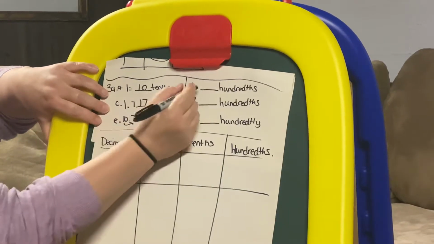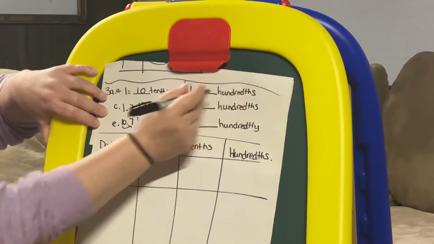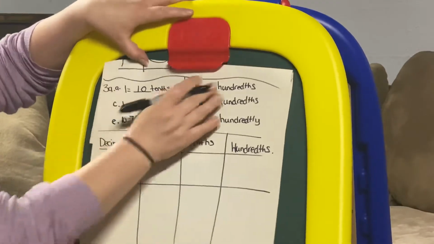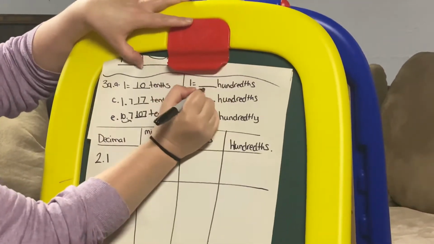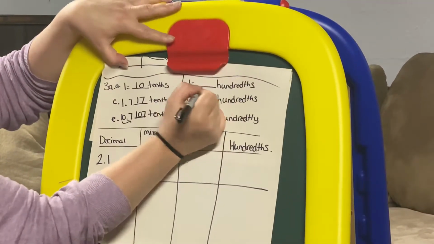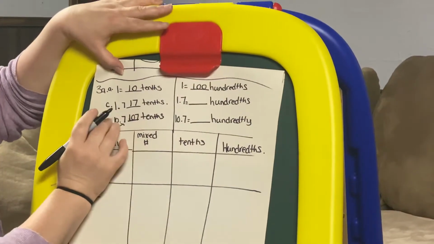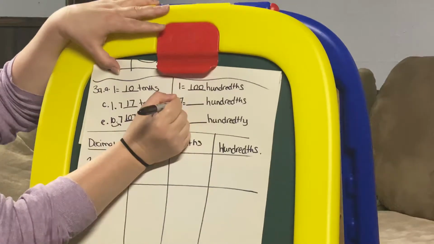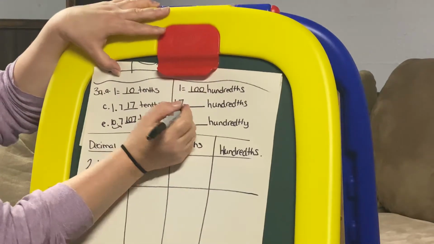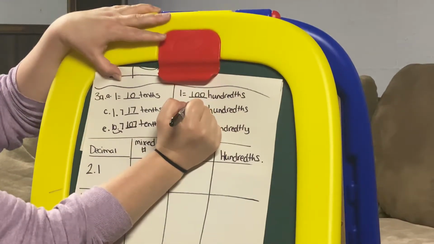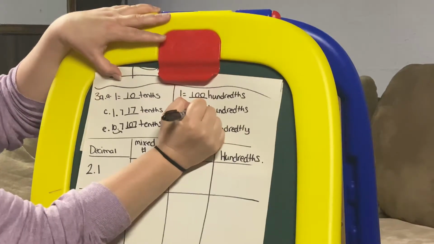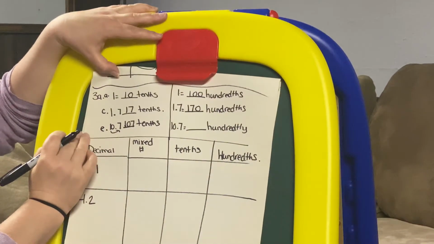Okay? So now if we're moving 1 into the hundredths spot, remember we have to move it 2 from the tenths to the hundredths. So this would be 100 hundredths. If you're moving your 1.7, you would be moving it 2 decimal points. So that would be 170 hundredths.